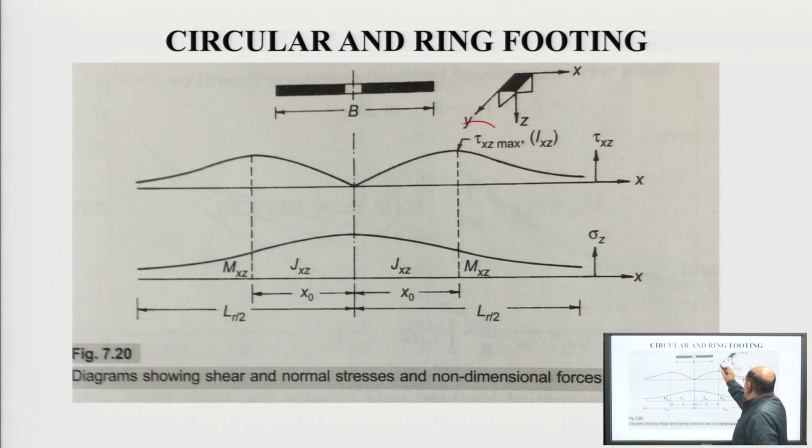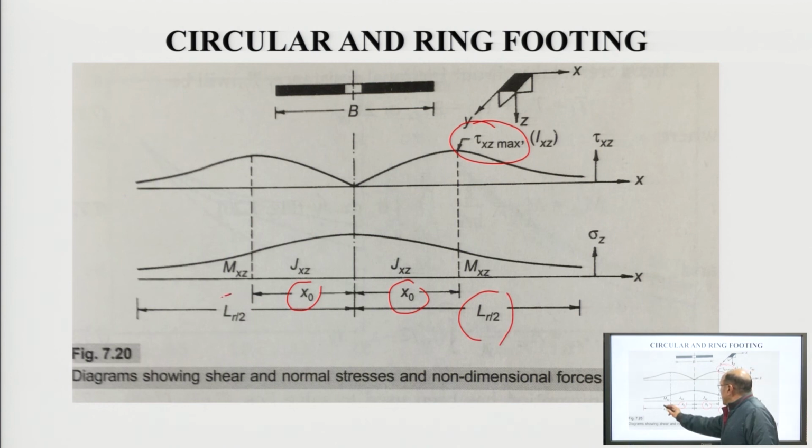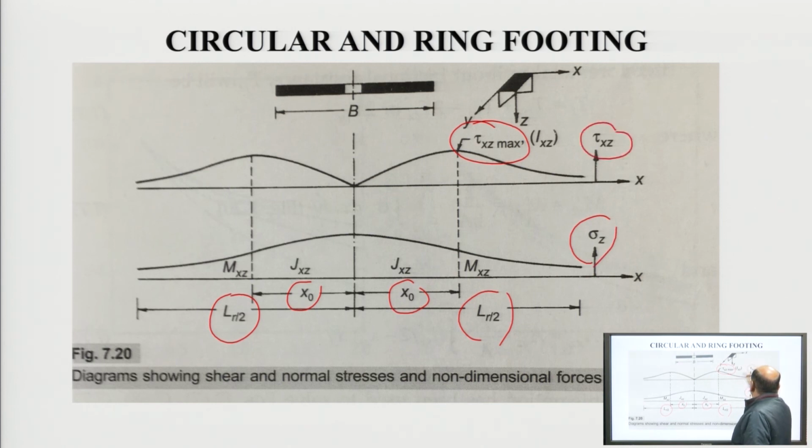See, this is the maximum shear force that will act at x 0 from the center of the footing, that is Lr by 2, Lr by 2, and this is the sigma z, this is tau xz.